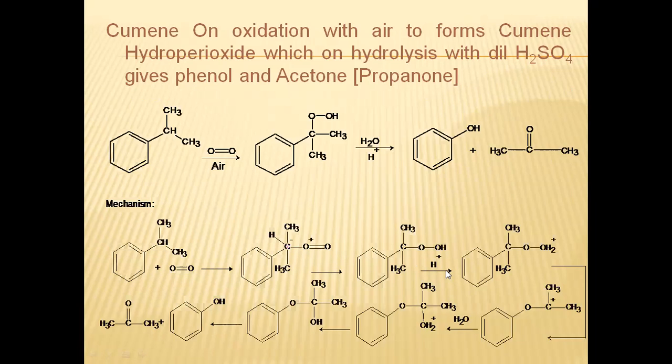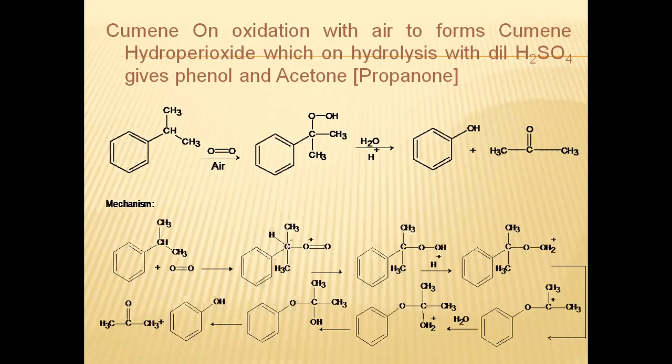Cumene hydroperoxide is treated with an acid, in hydrolysis in the presence of acid. That acid means H plus ion, which is reacted and forms the protonated species. This is unstable, so it is removed as H2O, a water molecule, and it is undergoing the rearrangement reaction.